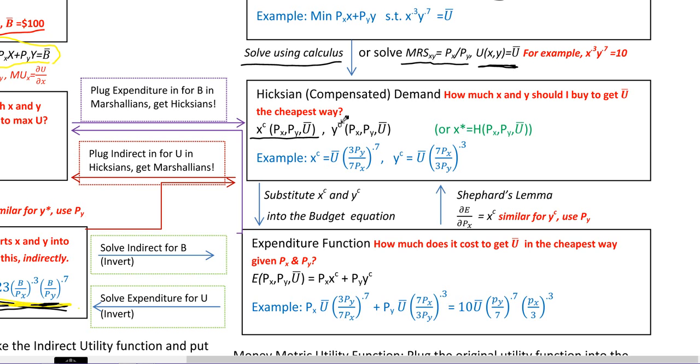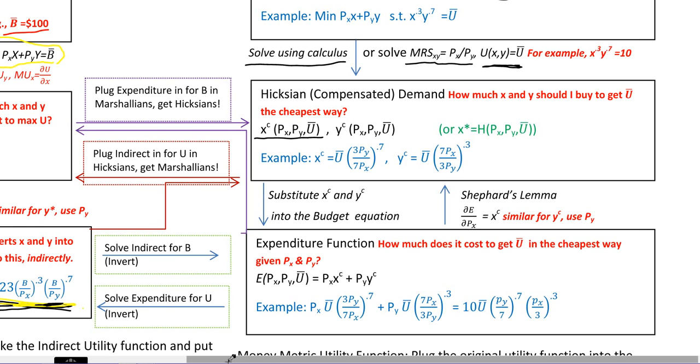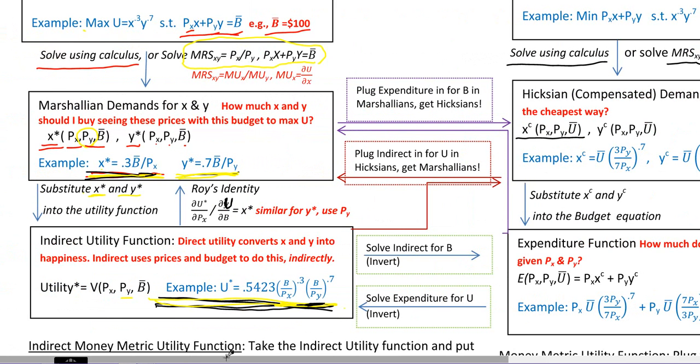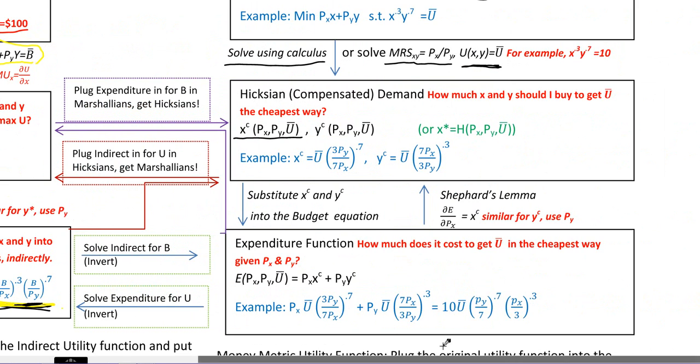And these are going to be a function not of the price of x, the price of y, and how much money you have, but they're going to be functions of the price of x, the price of y, and how much utility you want this person to get. Sometimes instead of writing them this way, people will still use an x star.